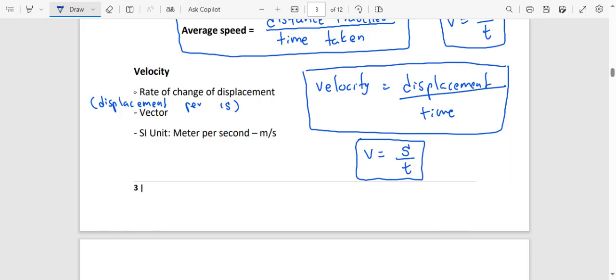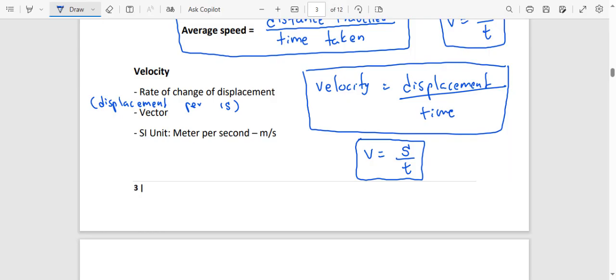If you divide the temperature change by time, it is the rate of temperature change. Or the rate of mass gain, if the mass is increasing and you divide by time. Whatever the component divided by time, we say it is the rate of that thing. So since we are dividing the displacement by the time, velocity is the rate of change of displacement.